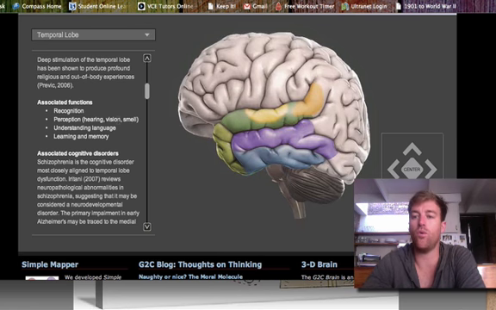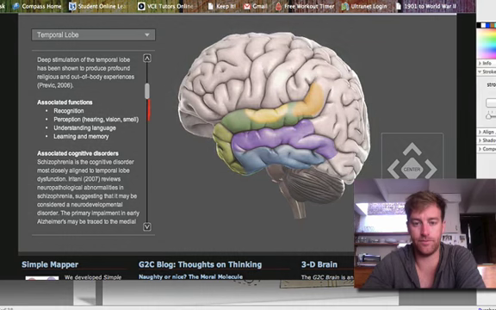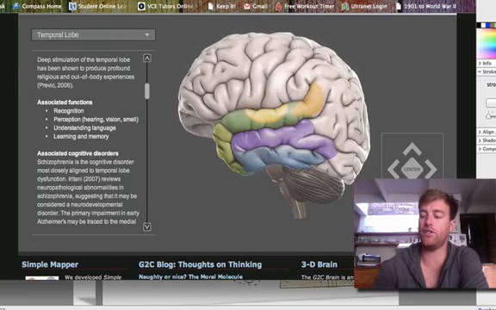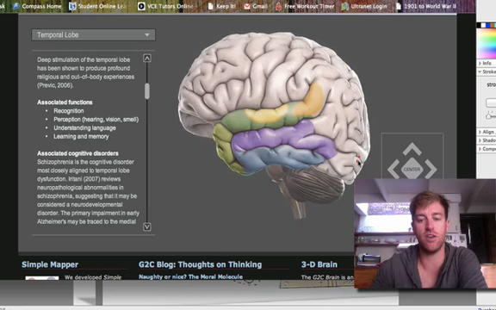Now, why is that? Well, that's because there are two major paths from the occipital lobe. You have one path that, once information comes into the occipital lobe, it then goes to the temporal lobe.